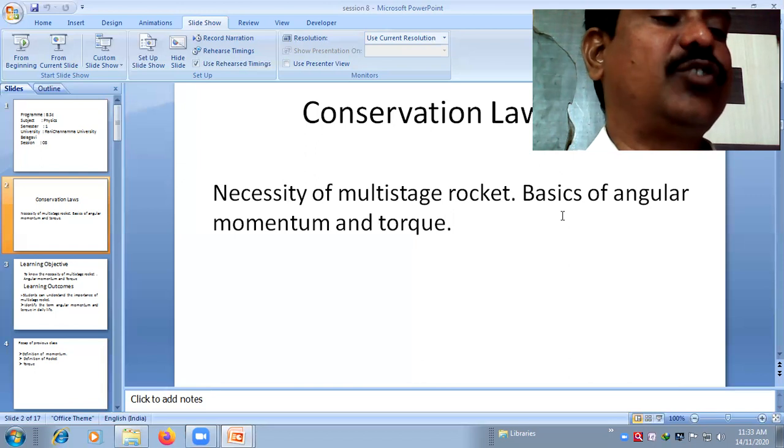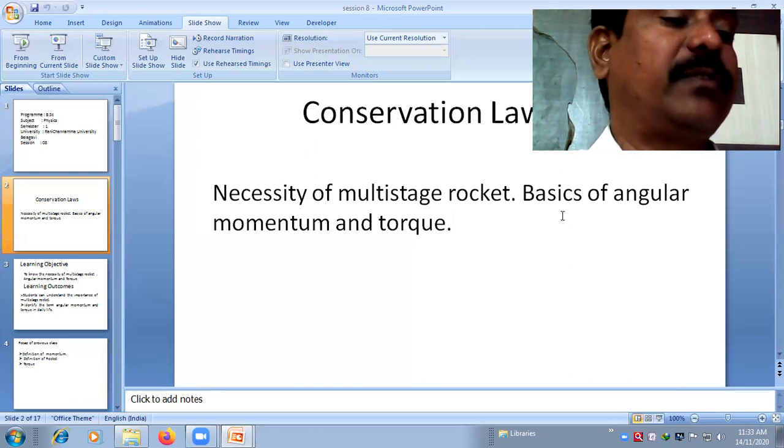The first stage is used first and its fuel is burned automatically. It then gets detached.